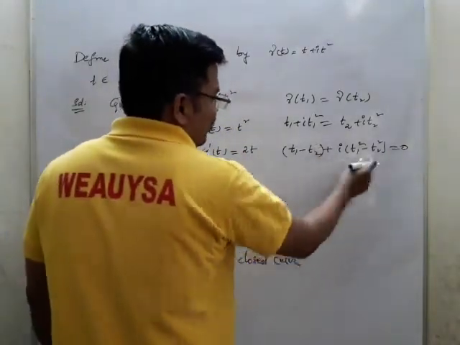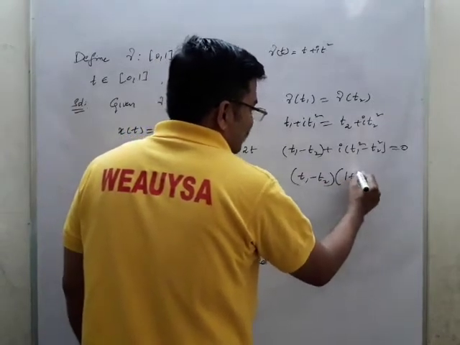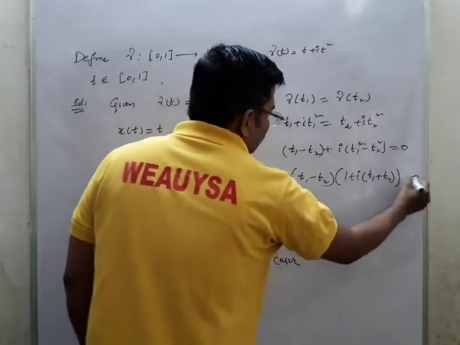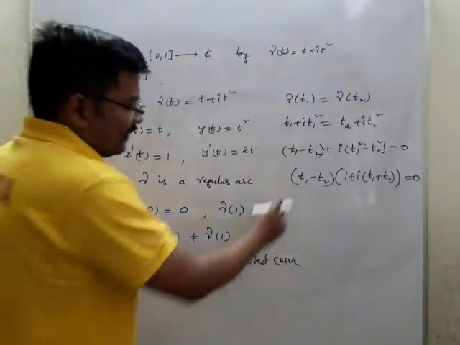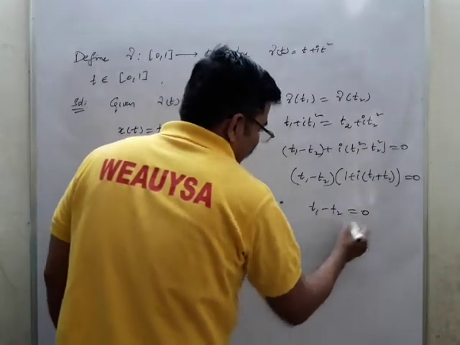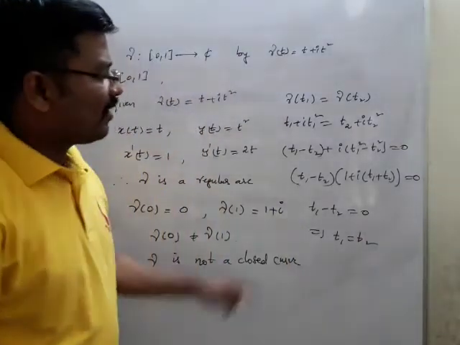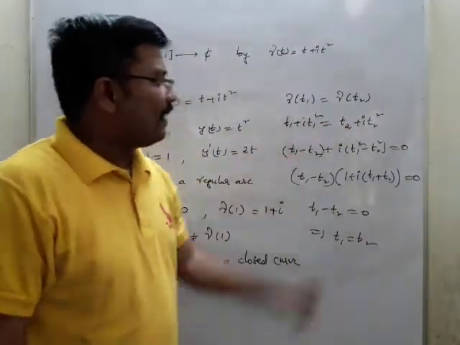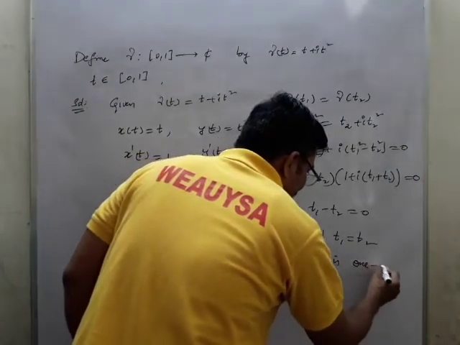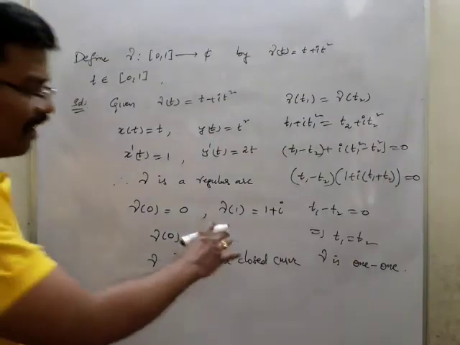I may take common t1 minus t2 into 1 plus i into t1 plus t2 is equal to 0. That becomes t1 minus t2 is equal to 0, so t1 is equal to t2. So gamma of t1 equal to gamma of t2 implies t1 equals t2. Gamma is one-one.